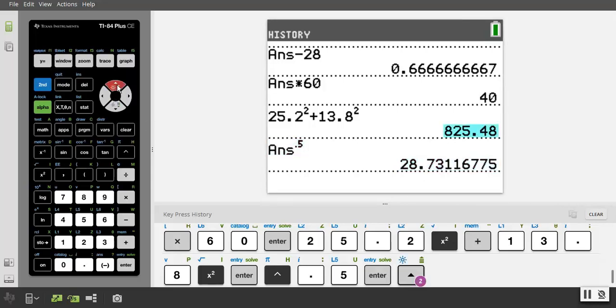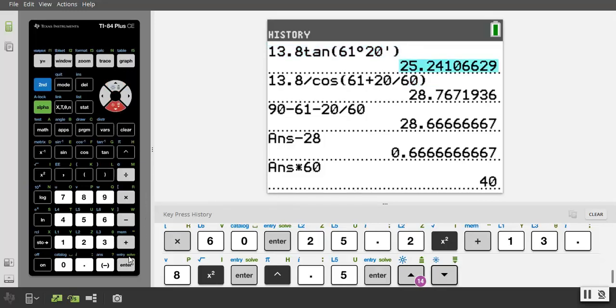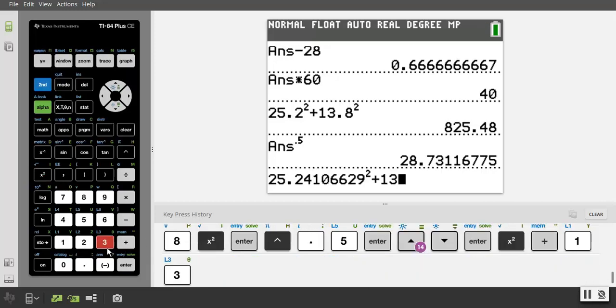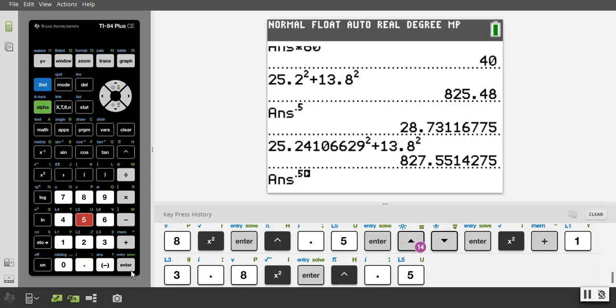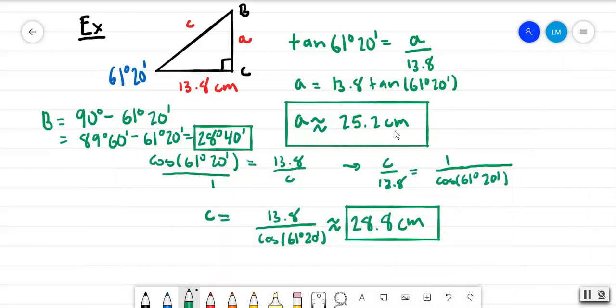If we had used the original value, squared it, added 13.8 squared, and then taken the square root, we would get what we wanted in terms of one of the sides. But obviously there is going to be some measure of error in this case.